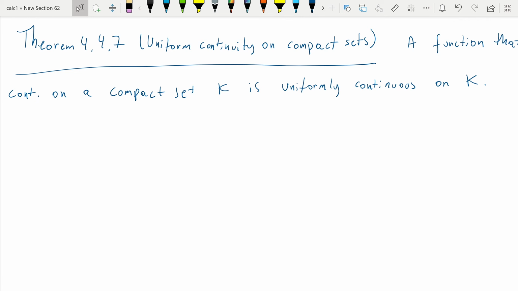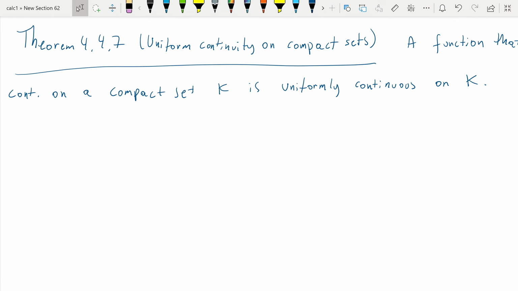So if you're in a compact set and you have a continuous function, then that function is uniformly continuous inside that compact set. In particular on closed intervals. Remember, the closed intervals are the first examples of compact sets.